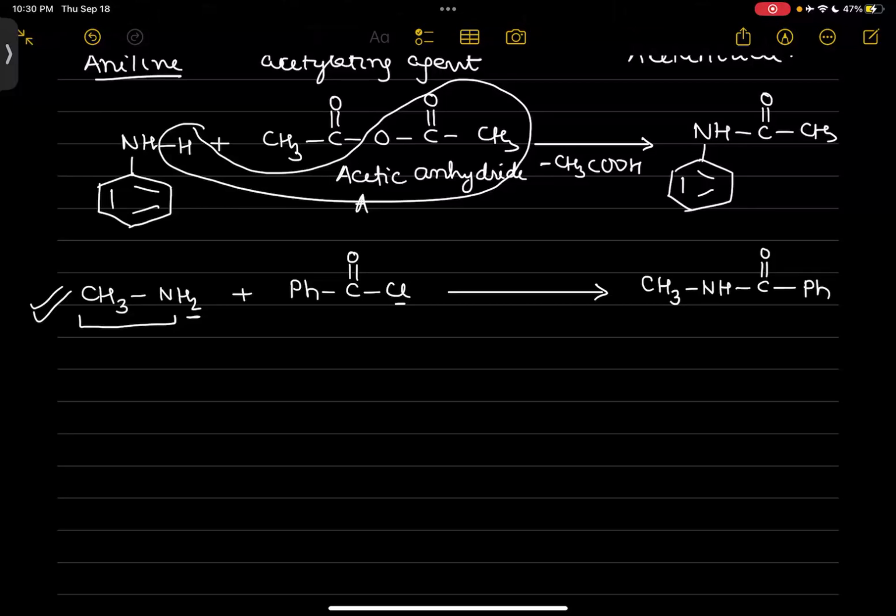Acetyl is CH3C double bond O. Which group is this? Benzene and CO. So the reaction type is similar, the same. This is benzoyl chloride.